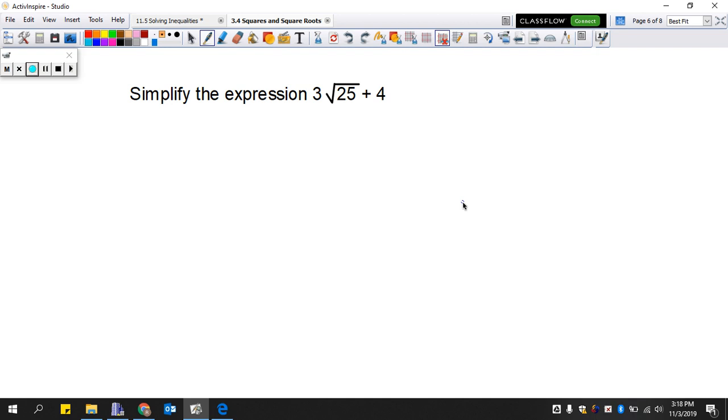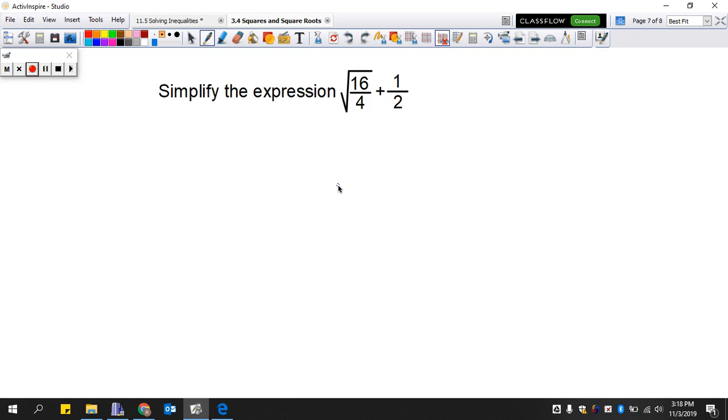Plus 4. 3 times 5 is 15 plus 4, which is 19. If we simplify the expression square root of 16 over 4 plus 1/2, 16 divided by 4 is 4, so the square root of 4 plus 1/2, square root of 4 is 2, plus 1/2, and that is simply 2 and 1/2.